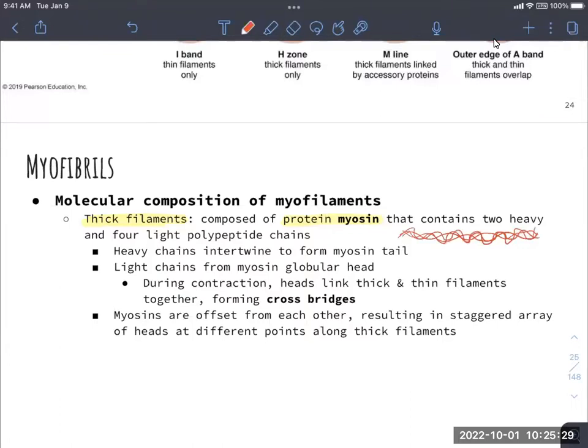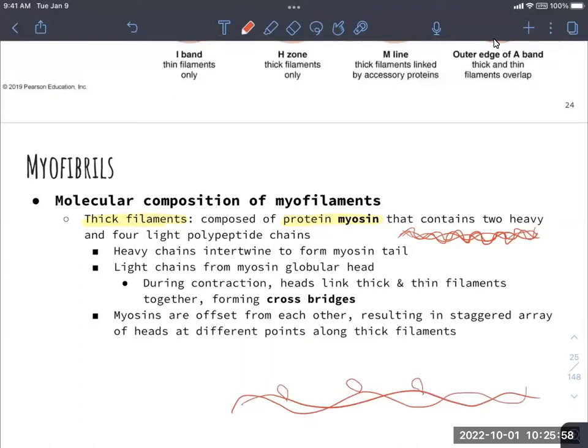These tails, these myosin tails, kind of intertwine together. I'm going to draw this at the bottom so I have a little more room. These chains intertwining together, they have these club-like heads.